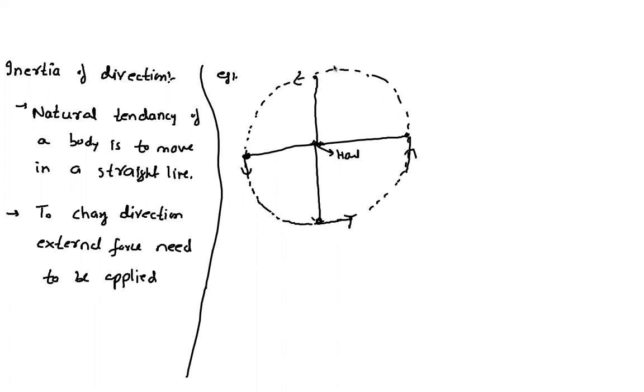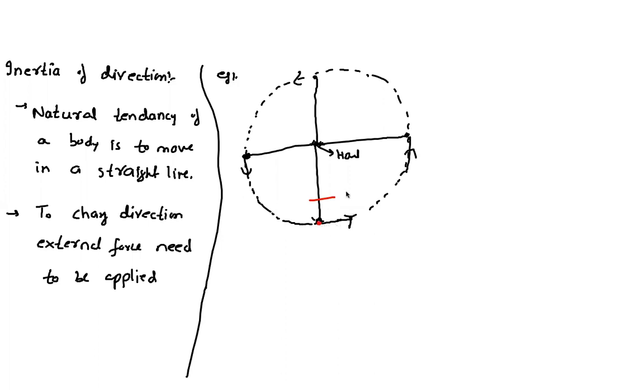Let's assume this string breaks midway, at this point. Now, Sania, can this stone change the direction of its velocity? I'm applying force over the stone through my hand and the string, but if the string breaks, how will it go?